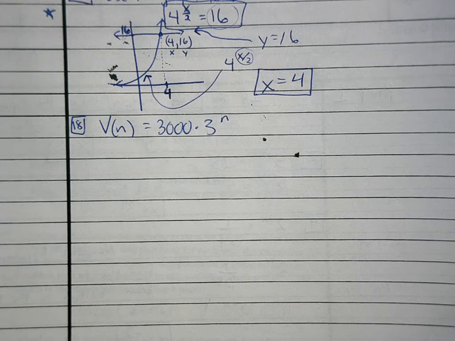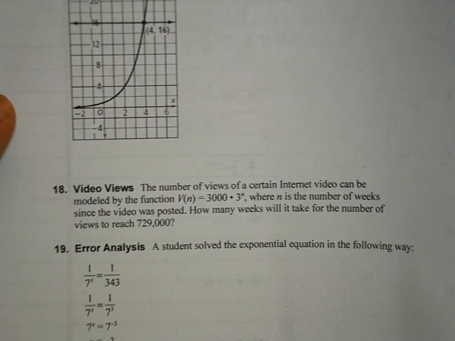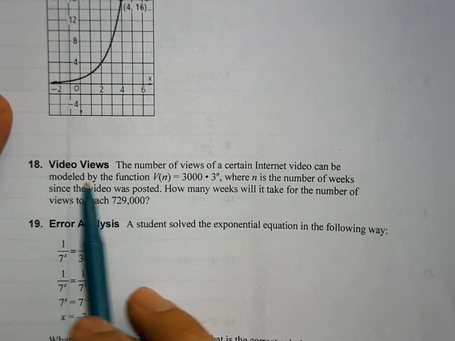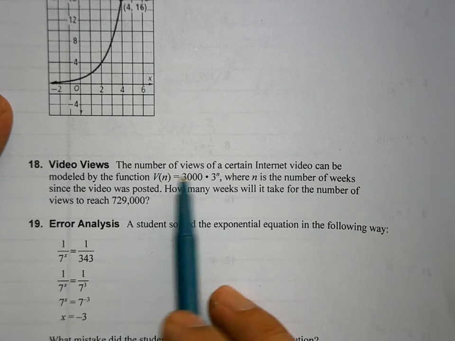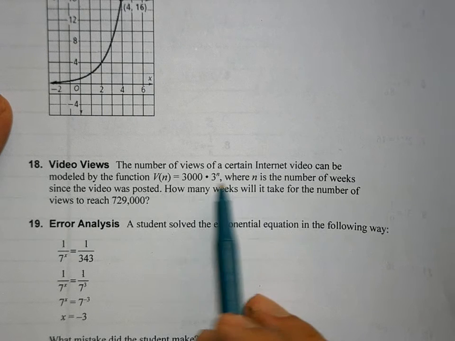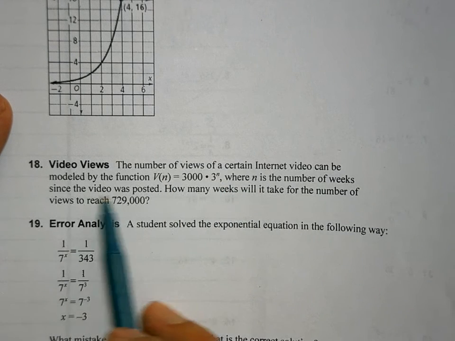So some mathematician was really bored and they came up with this equation, and I'm going to read you this paragraph that it says here. It says, the number of views of a certain internet video can be modeled by this function, where n is the number of weeks since the video was posted.